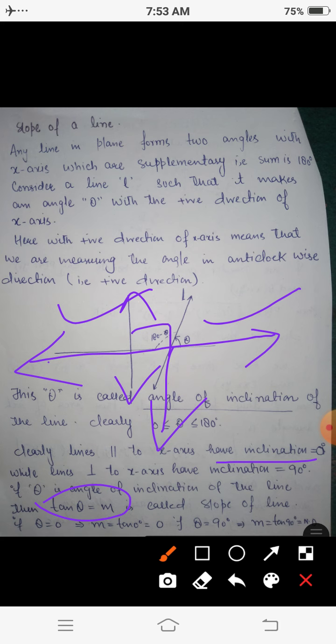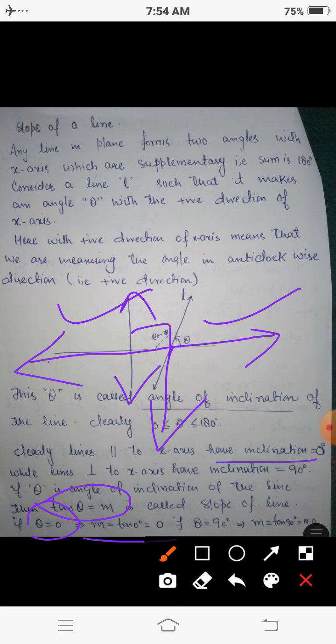For the x-axis, or horizontal lines, theta is always 0 degrees, which implies that tan 0 is 0. So for horizontal lines, the slope is always 0.